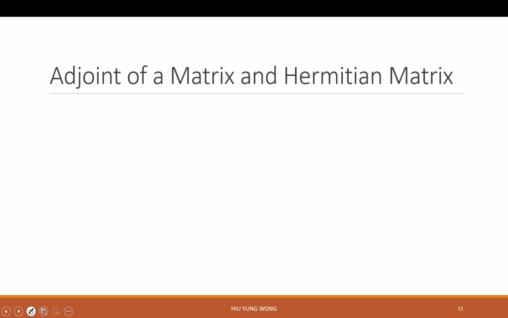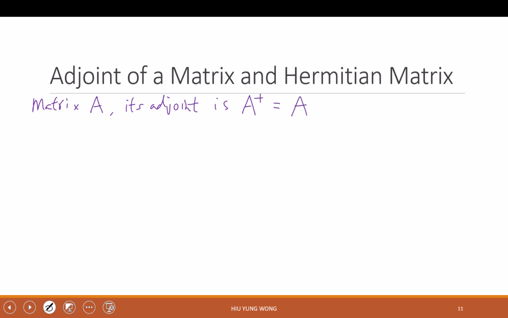And now I want to introduce something new called the adjoint of a matrix. So what does it mean? I have a matrix A, and its adjoint is A dagger. That is the adjoint of the matrix. It means you apply the complex conjugate to it and then do a transpose. And that is its adjoint.